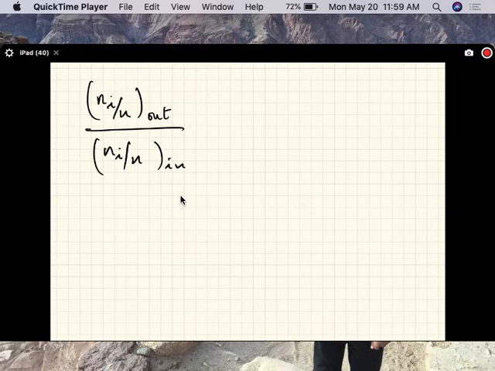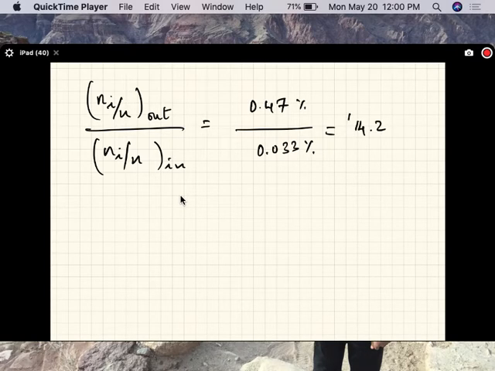So that's what you're calculating, and that's 0.47% divided by 0.033%. All right, so what you did was, when you breathed in and when you're breathing out, the CO2 concentration level is 14 times greater. That's what we are saying.